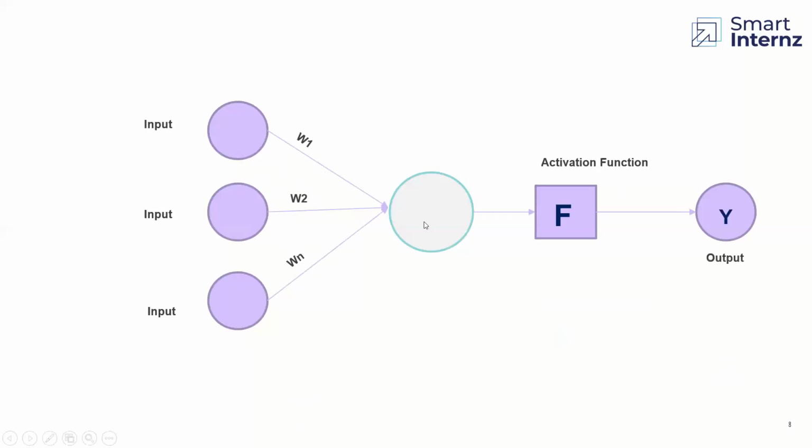What exactly is a node? It is a summation of the multiplication of weights with their respective inputs. So input 1, say I1, multiplied with W1, I2 multiplied with W2, and IN multiplied with WN, and the summation of all of these is the node that goes on to the next layer and then moves towards the activation function.